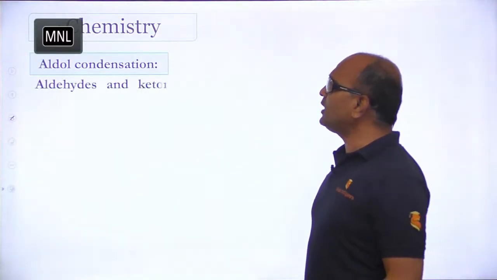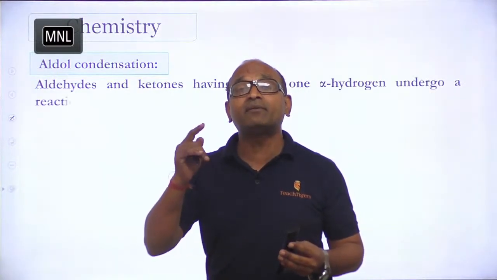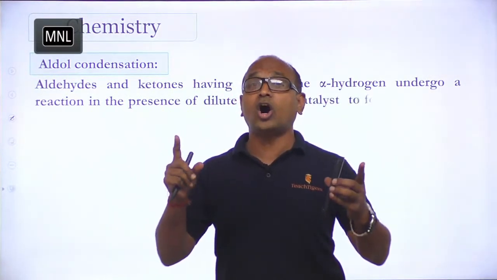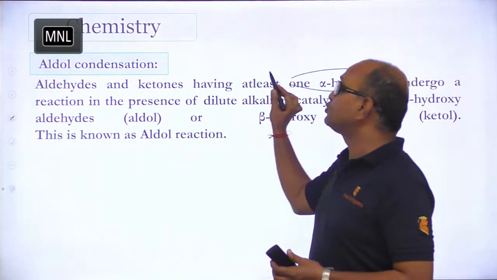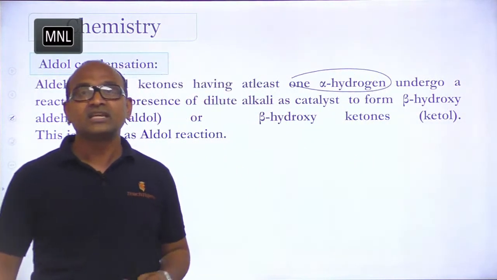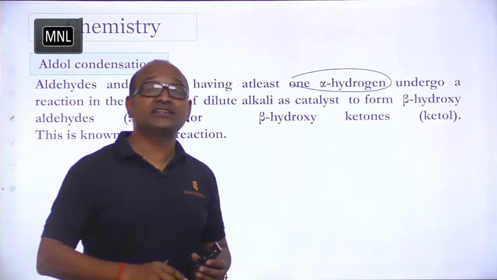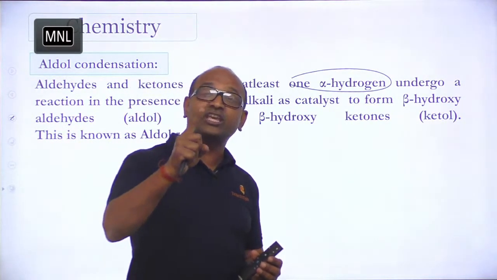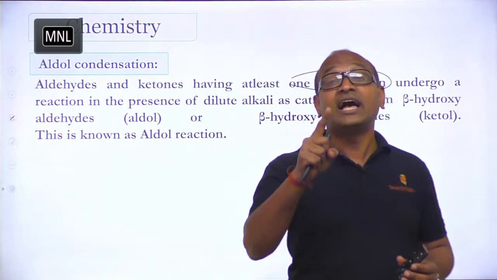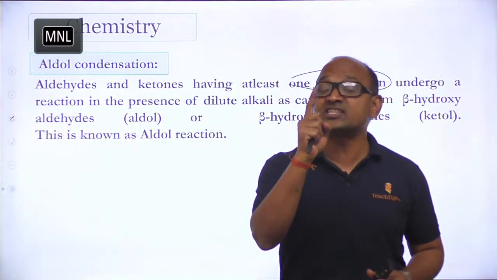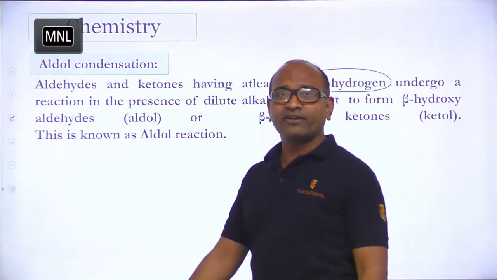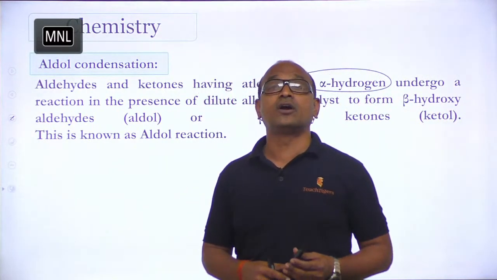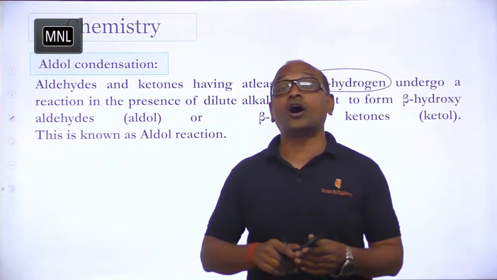See, aldol condensation reaction is given by carbonyl compounds, all aldehydes and ketones that do have at least one alpha hydrogen. So the condition for this reaction is that any aldehyde or ketone which has at least one alpha hydrogen reacts in the presence of an alkali, say NaOH, or sodium carbonate or barium hydroxide.